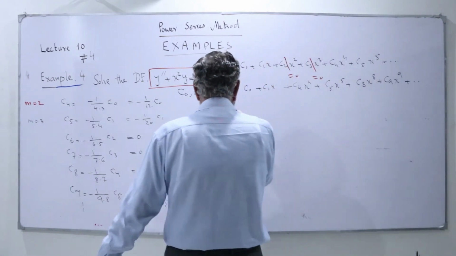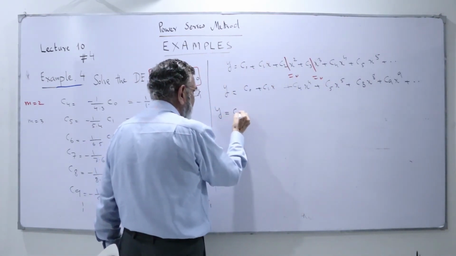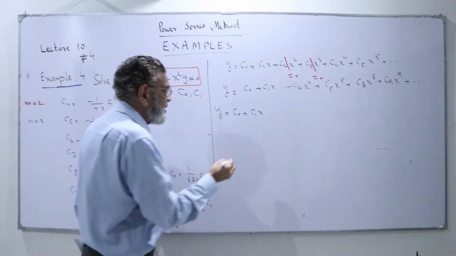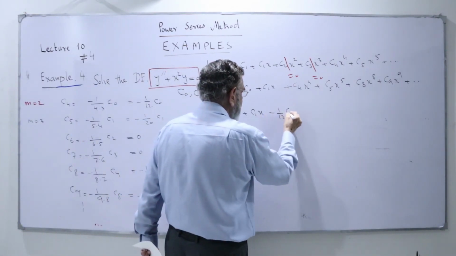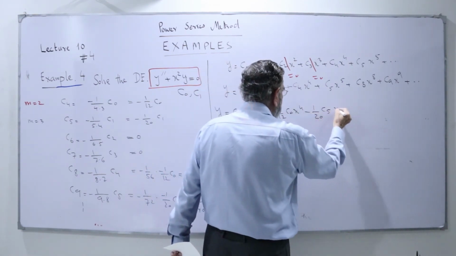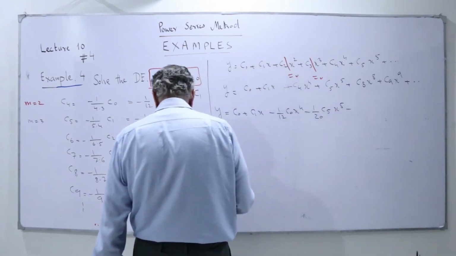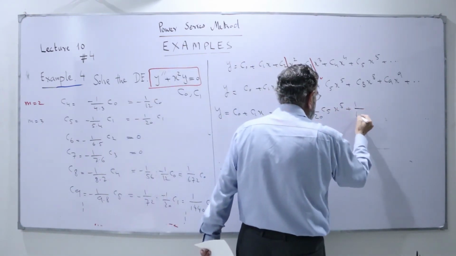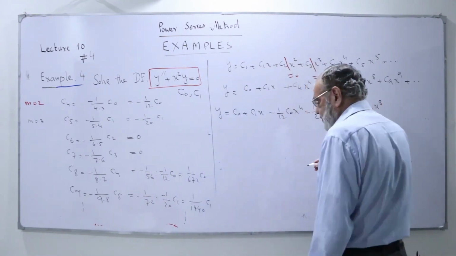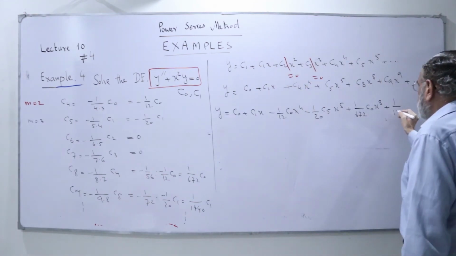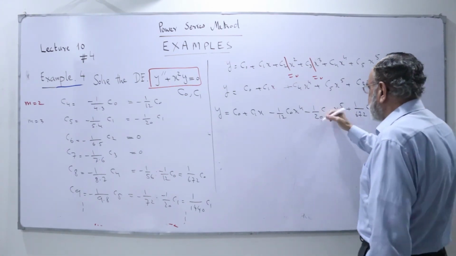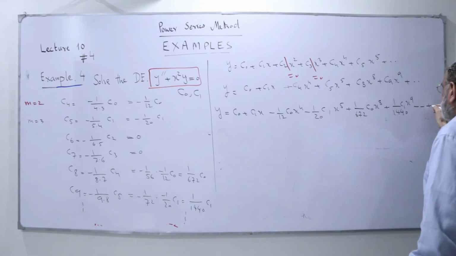My y is equal to C0, C1x, C4 is minus 1 over 12 C0 x to power 4, minus 1 over 20 C1 x to power 5, then plus 1 over 672 C0 x to power 8, then plus 1 over 1440 C1 x to power 9, and so on, with signs minus, minus, plus, plus.